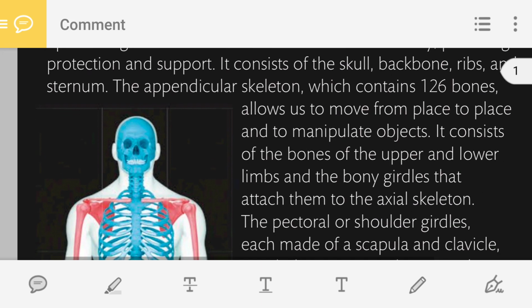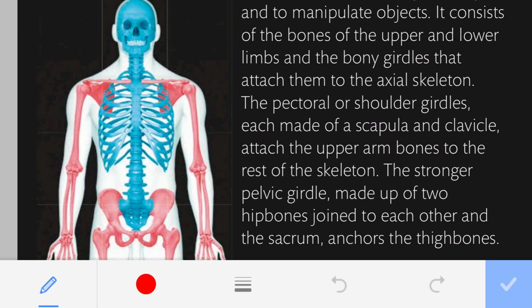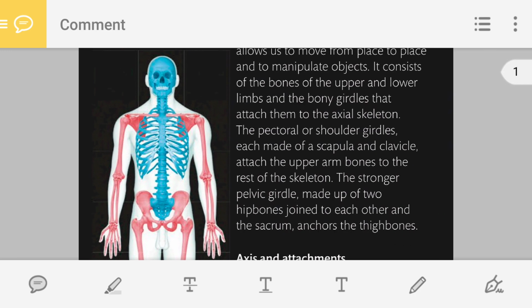For example, you know, in humans there is a bilateral symmetry. So this axial skeleton is present on the long, or we can say longitudinal, axis of the body. So that is the meaning of this point.